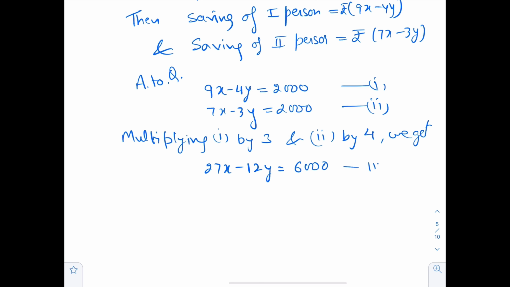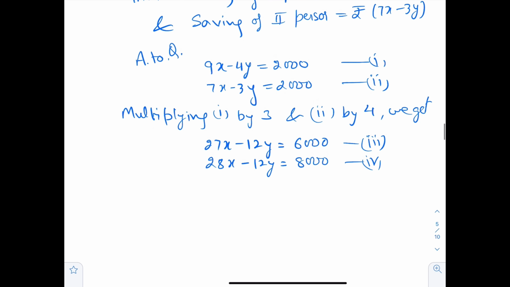This is equation number 3rd, and 4th one is 28x minus 12y equal to 8000. This is equation number 4th.